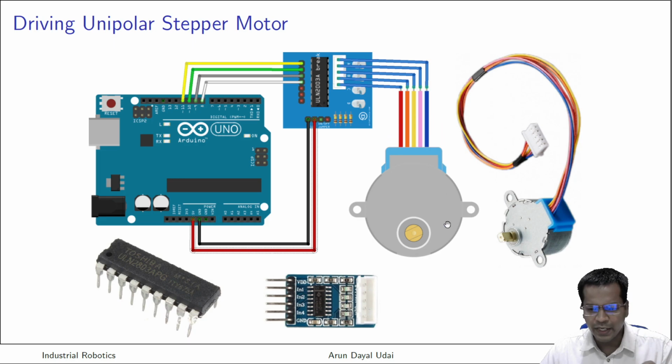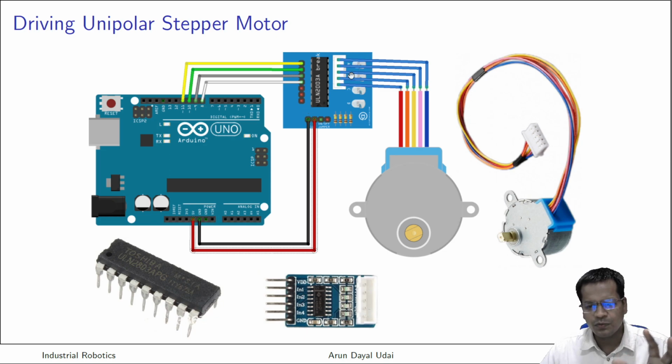So a 5 wire stepper motor is shown here. One is ground, 4 are phases. So 4 phases can be driven directly by this Arduino board, and this also requires a logic 5 volt. That 5 volt can be transferred from your board itself.